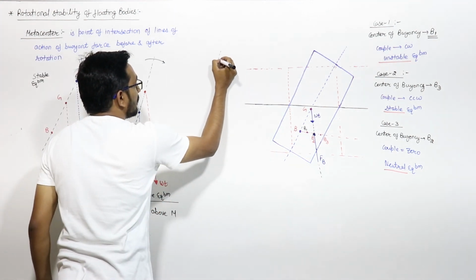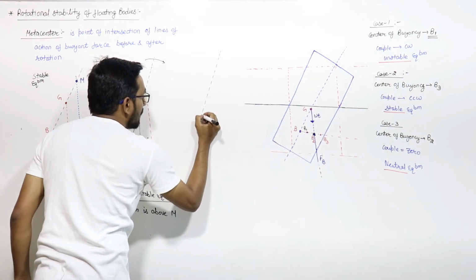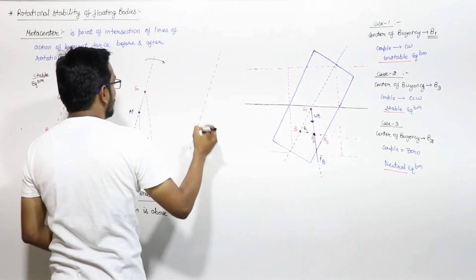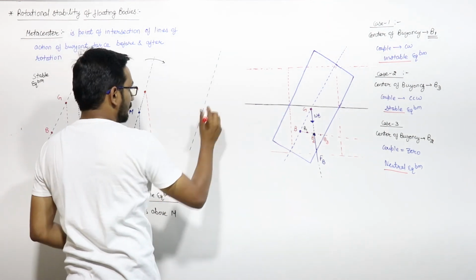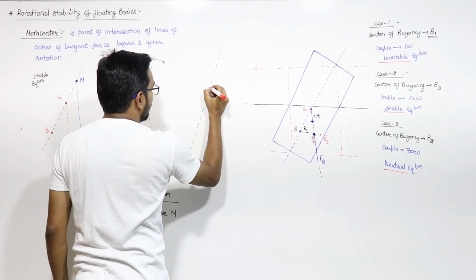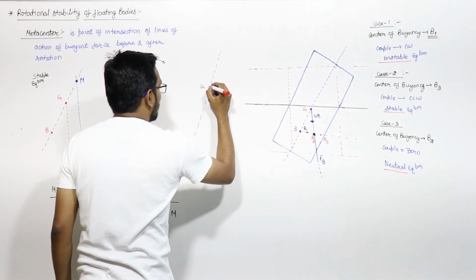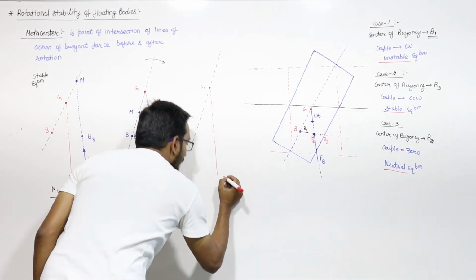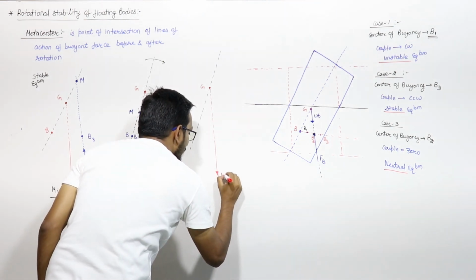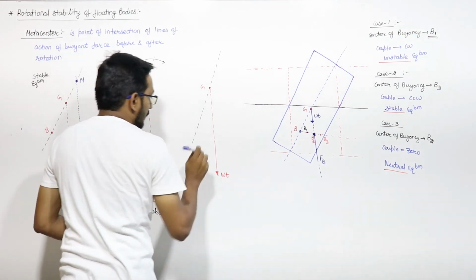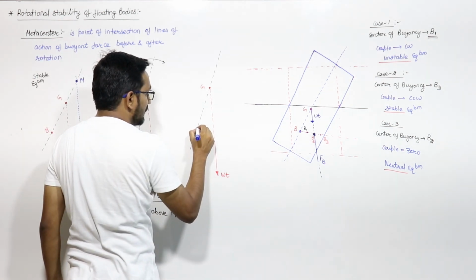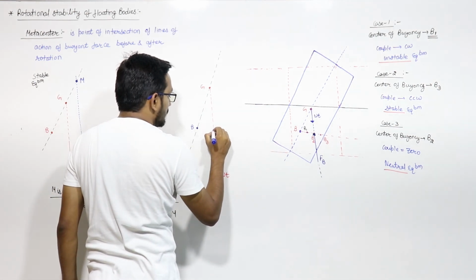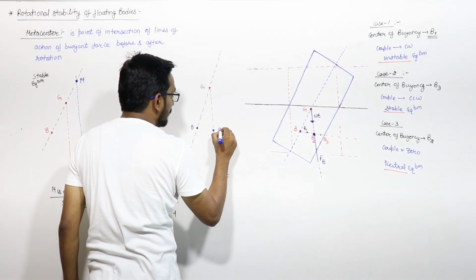Now let us talk about the neutral equilibrium. Suppose this is the axis, and this is the initial center of gravity of the body. From here we have a vertically downward force, that is weight. The initial center of buoyancy is this B, and let us say the center of buoyancy shifts to this B2.